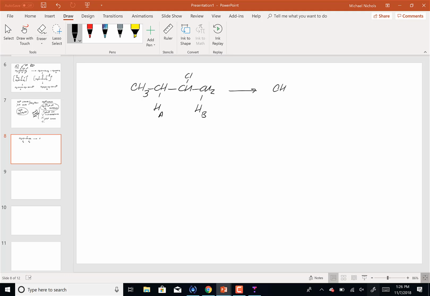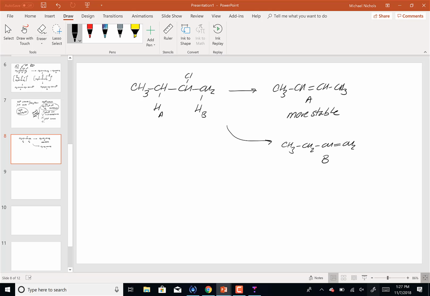And we still know that product A is still the more stable product, and product B is still the less stable product. But using these two bases, I can actually pick and choose what product I want to make.